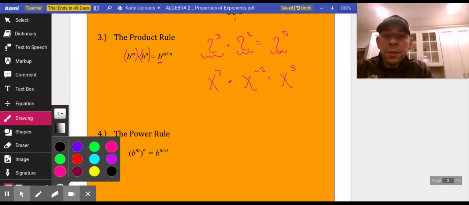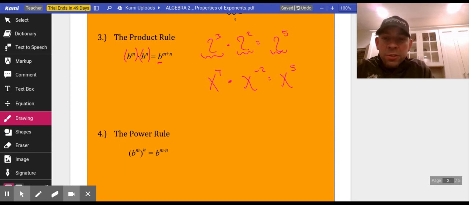Now we're going to introduce you to the power rule, right? You've got this b that's already raised to the m. We wrap that up with parentheses and say, I want to raise that entire expression to the nth power. All we're going to do is just multiply those exponents. So I'll just keep it a positive.